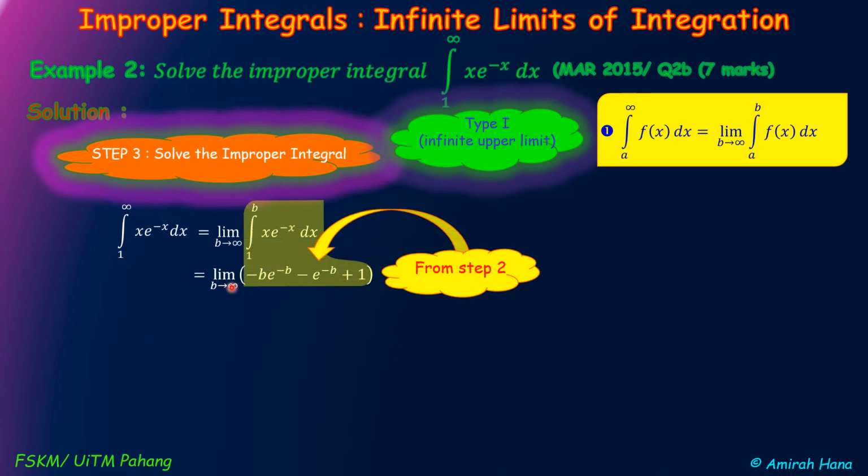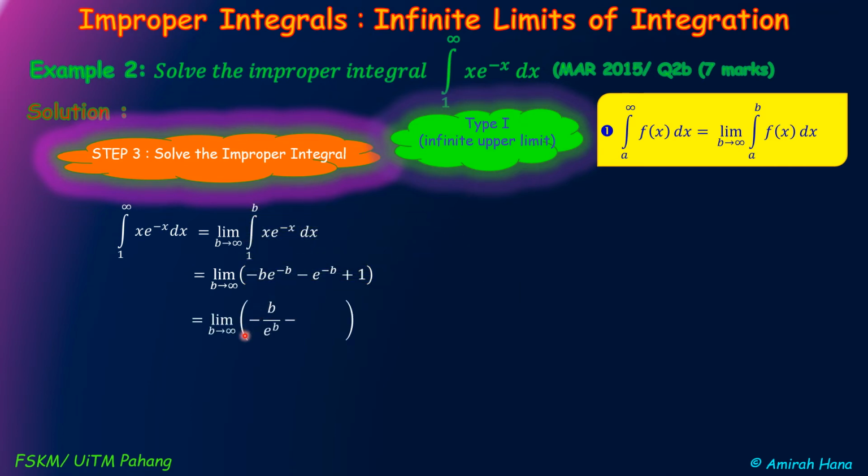How do we get this? From step 2, we evaluated the integration from 1 to b of x e to the power of negative x dx, and the answer is b e to the power of negative b minus e to the power of negative b plus 1. We get this from step 2.